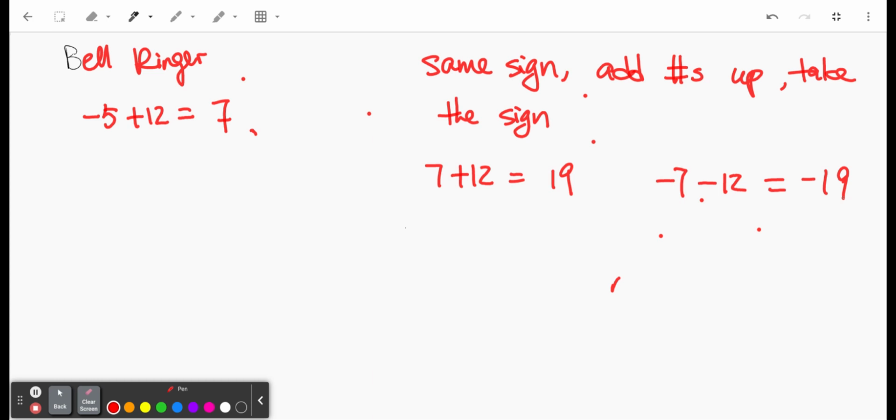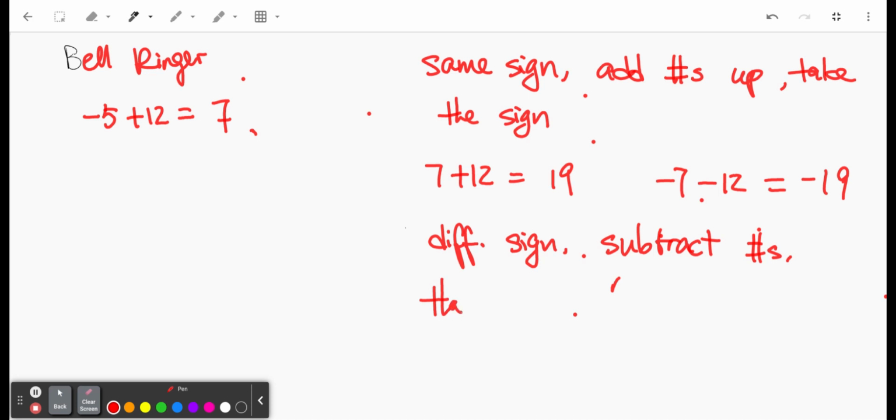Okay? Next, if you have different signs, you subtract the numbers and take the sign of the bigger number.